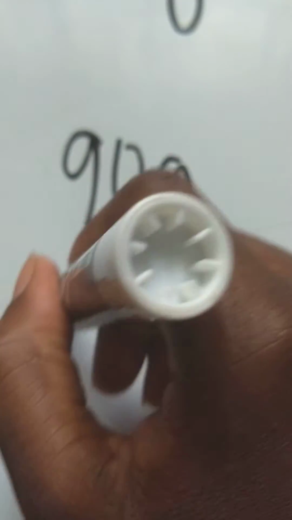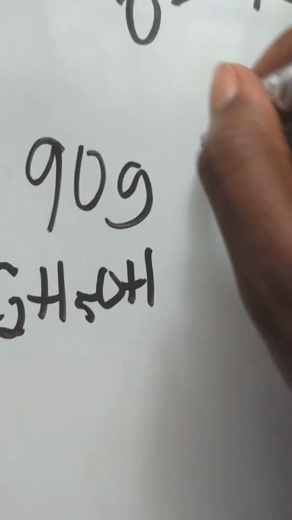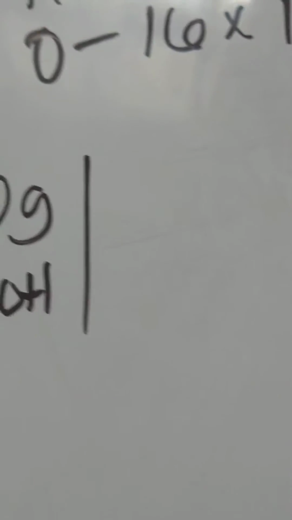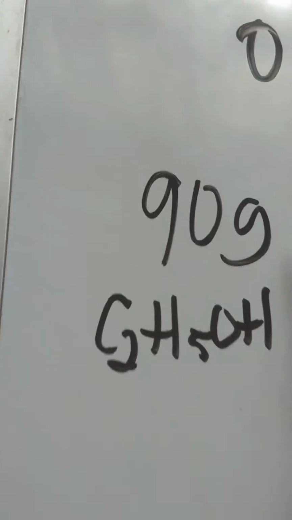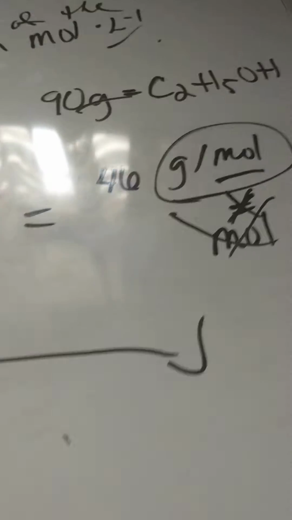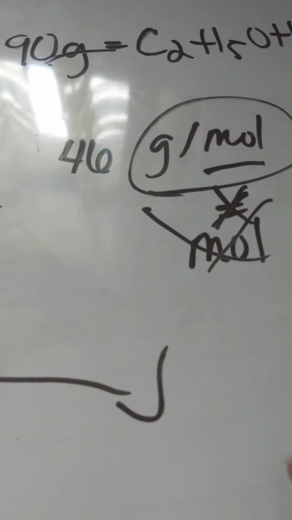Okay, so now I'll show you how to get from this to this. We'll start out with our simplest known amount, which would be 90 grams of ethanol. And then we go on to our next ratio, which will take us from grams to moles, like we want. So the only real ratio that we have is the 46 grams per mole.